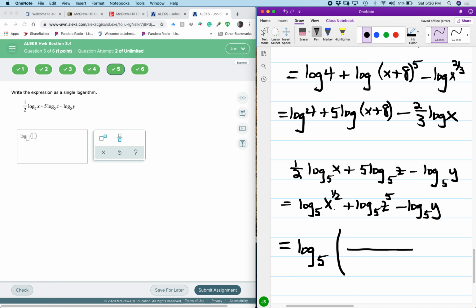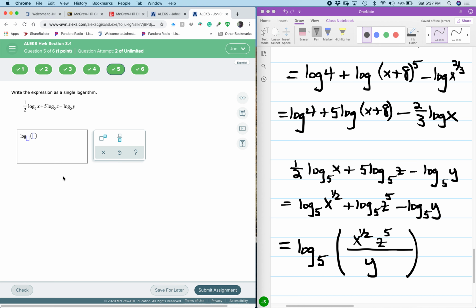So anything that is positive, the attachment will be at the top. So we have x to the 1/2 located at the top, and since I have plus the base 5 logarithm of z to the 5th, z to the 5th is also located at the top, and since the last term is a negative logarithmic term, we want the attachment y to be situated at the bottom.